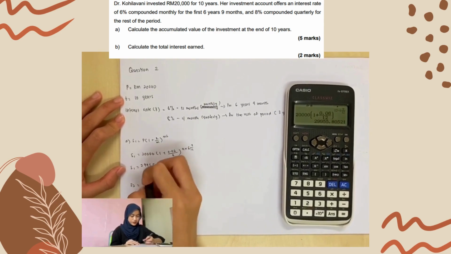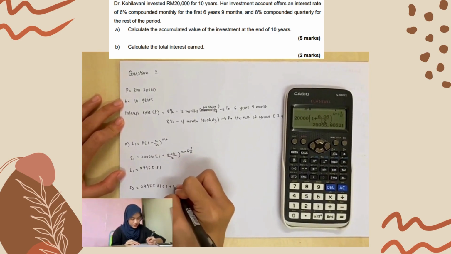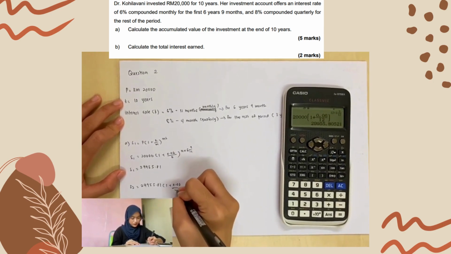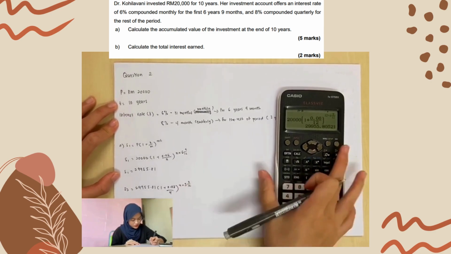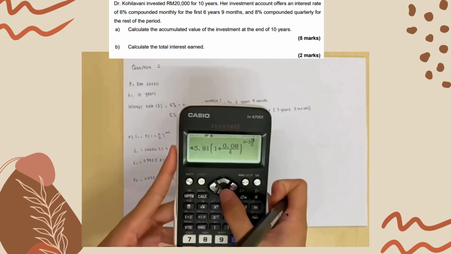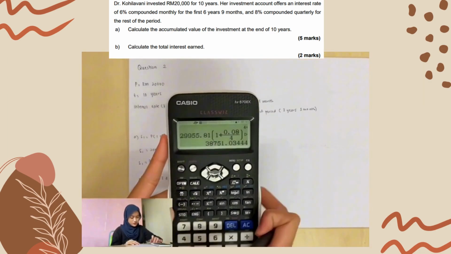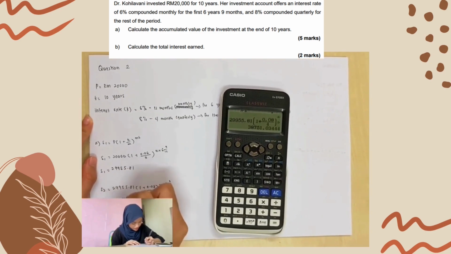So for the S2, the P will be 29,955.81 times 1 plus 0.08 over 4 to the power of 4 times 3, 3 over 12. So the answer is 38,751.03.